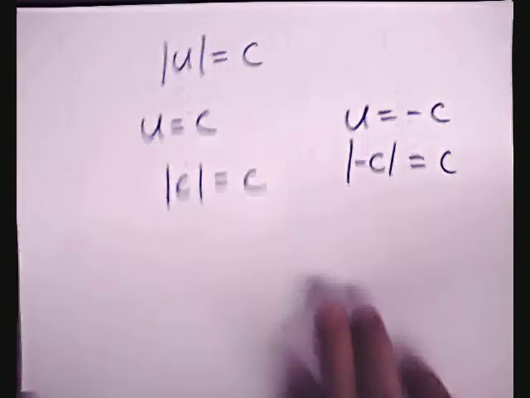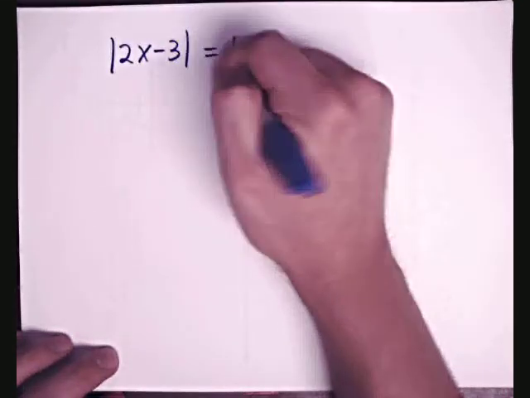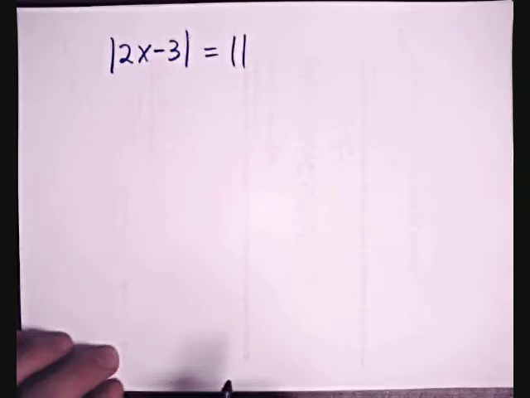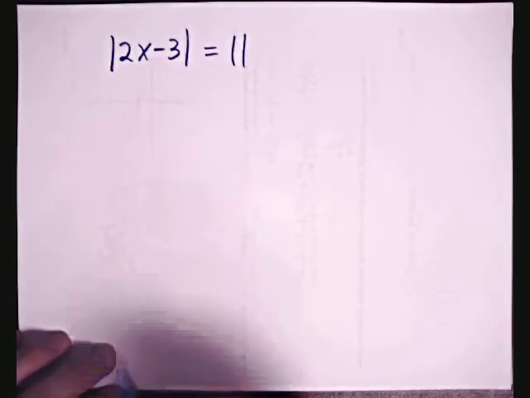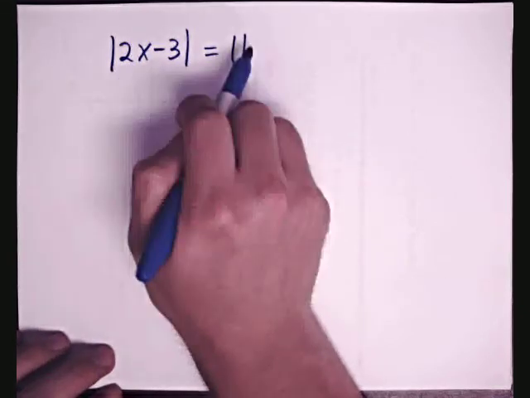Okay? So example 3, part A, absolute value of 2x minus 3 equals 11. Okay, so we first get the absolute value alone. It is on this one. And so what we want to do is figure out what x value makes 2x minus 3 equal to 11, because the absolute value of 11 will equal 11.